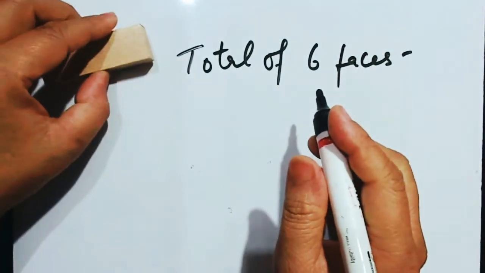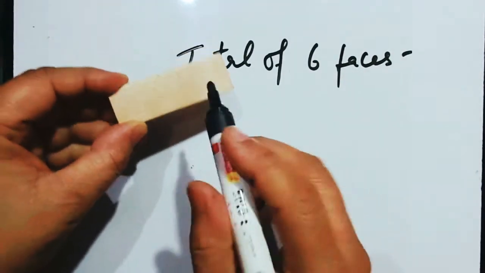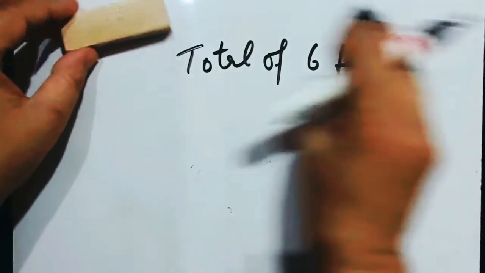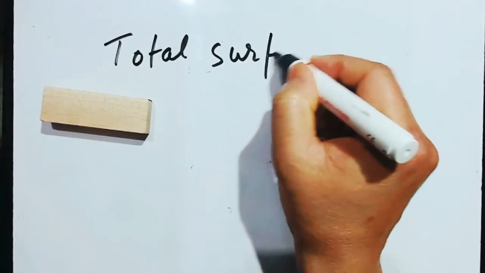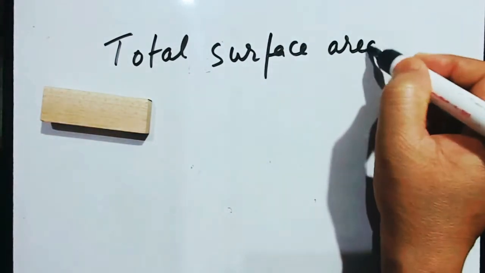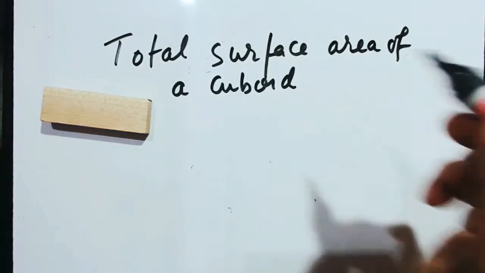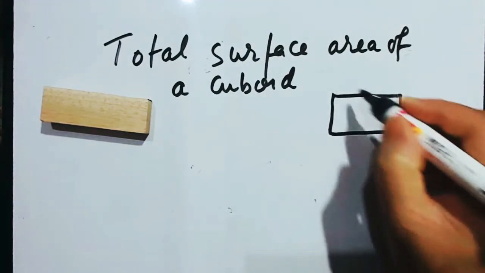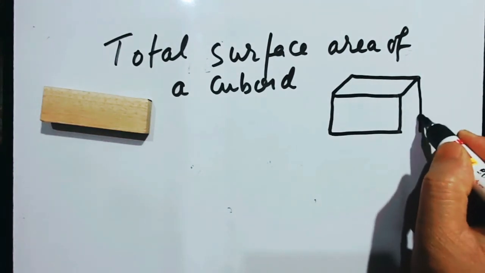Now how to find out the total surface area? I shall be finding out the surface area of each of these faces. So let us see how to find out the total surface area of a cuboid. This particular cuboid will have a length, a breadth, as well as a definite height.